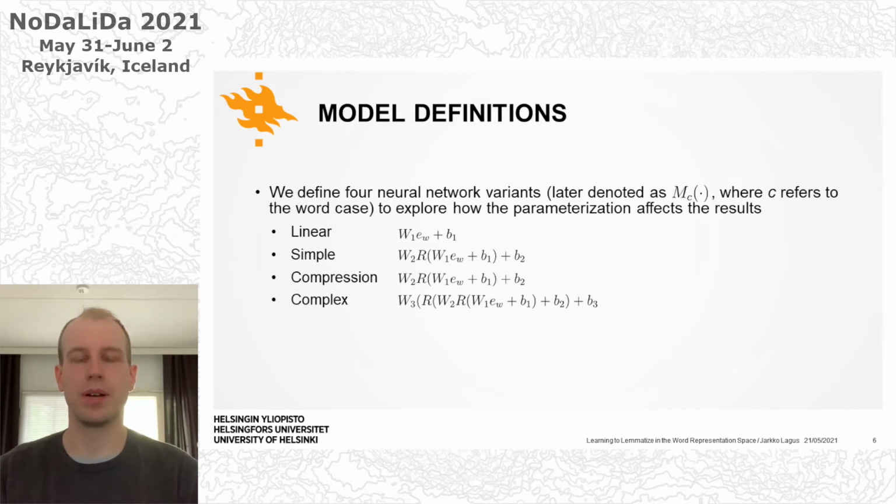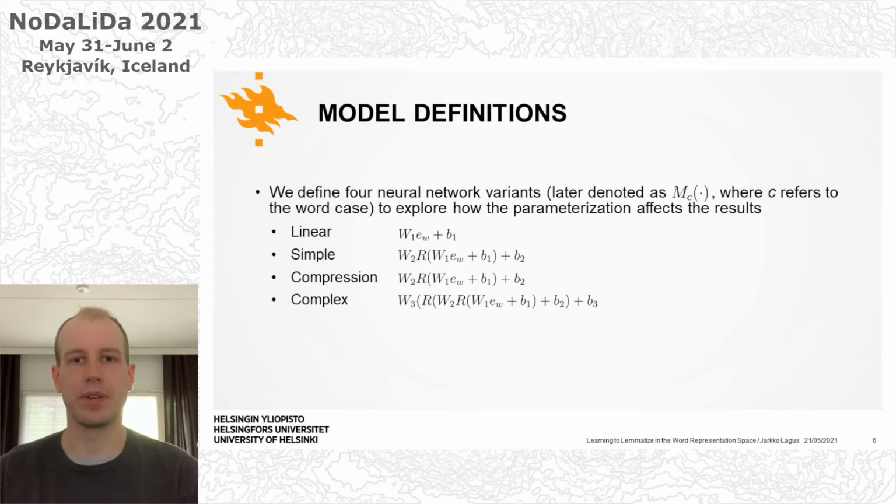In order to approximate this, we define 4 different variants, going from simpler to more complex. We went with very standard, lightweight model families: linear, with no activation functions, then a very simple one that has only 2 layers and 1 activation function.